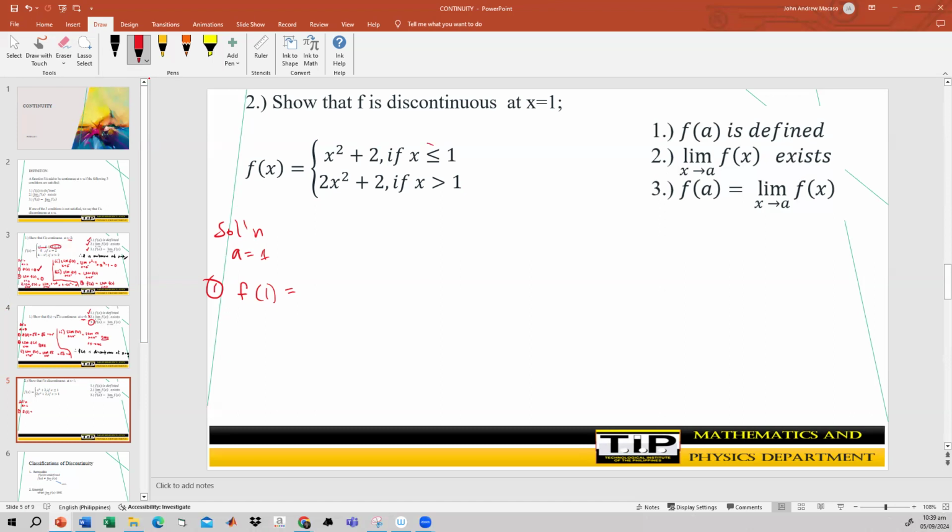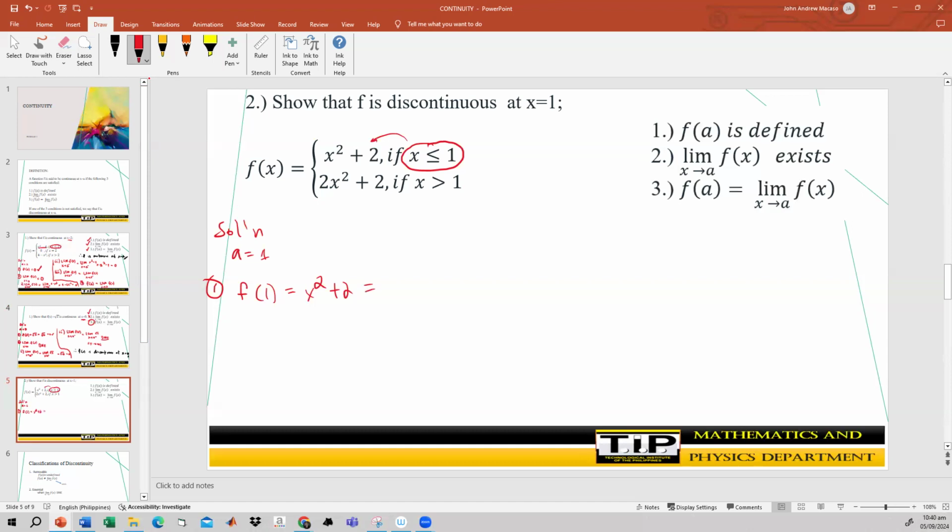This will fall on this inequality because 1 is part of x is less than or equal to 1. So we will use the corresponding function for x less than or equal to 1, which is x squared plus 2, because 1 is part of this inequality.